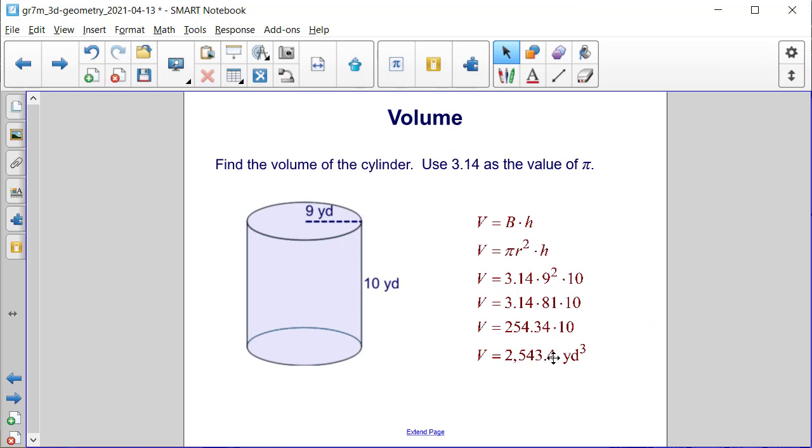And here we see the solution to this example problem, and it does match what we had calculated for the volume, which is 2,543.4 cubic yards.